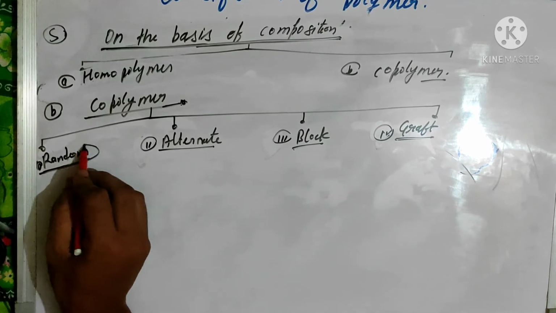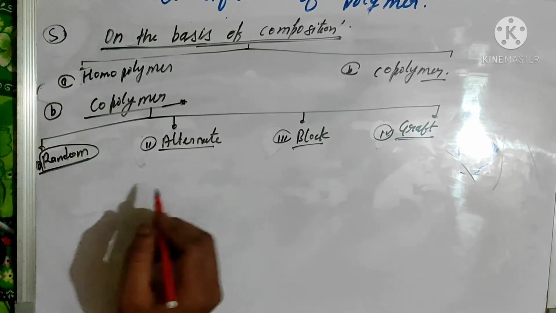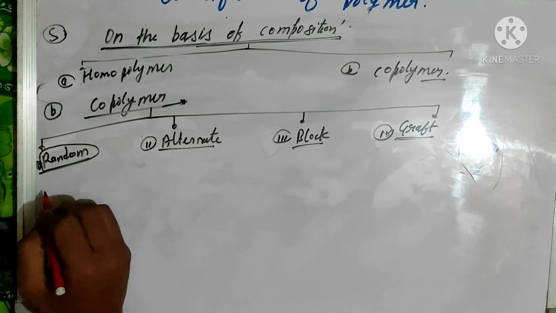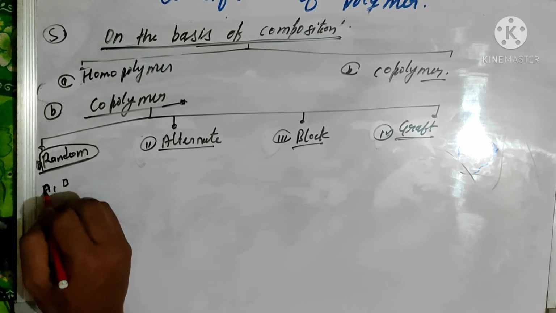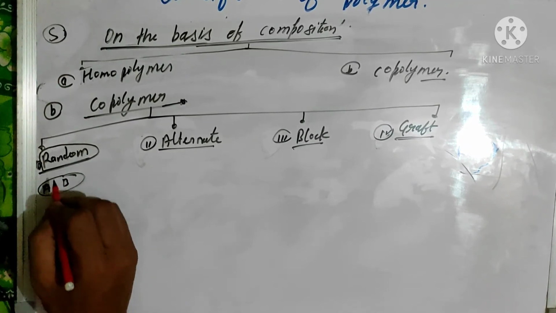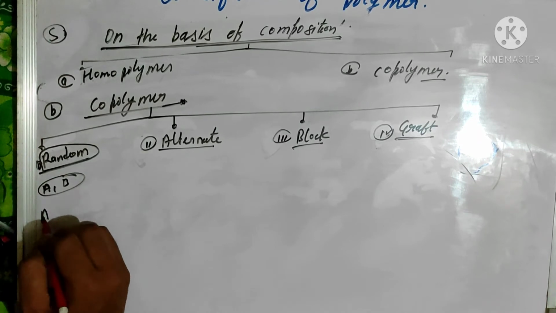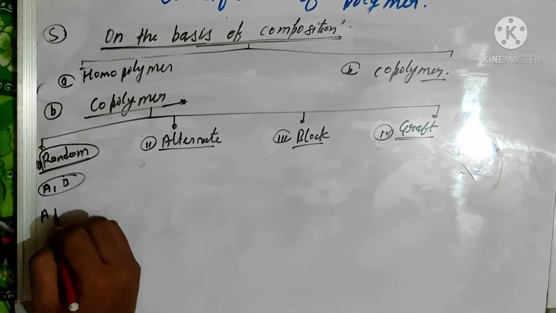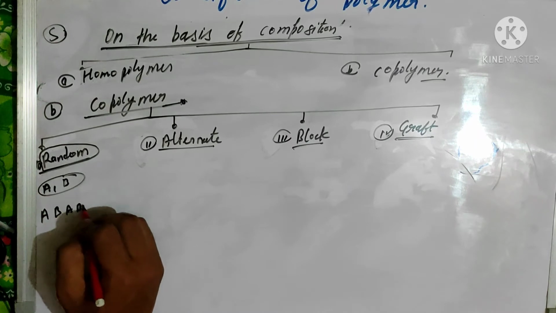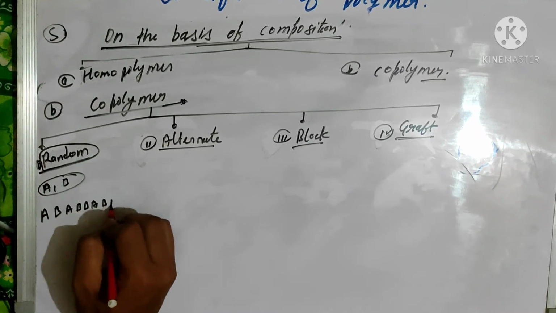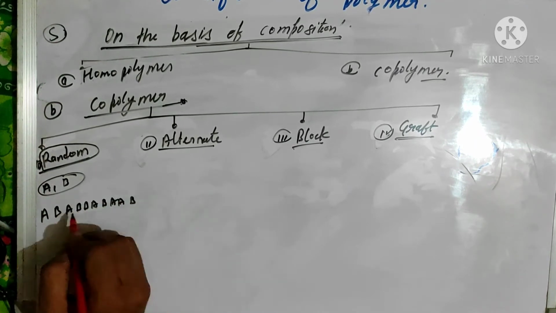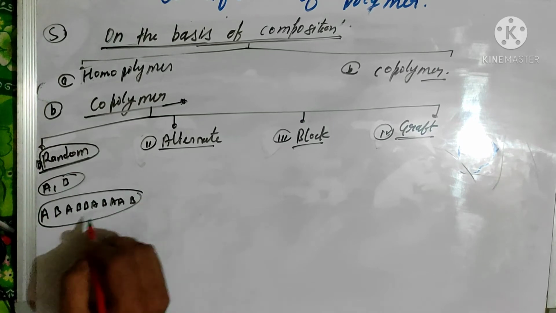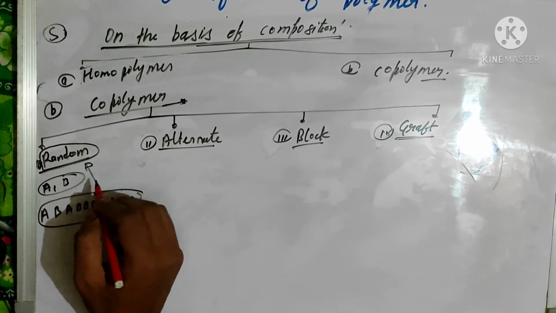In the random copolymer, the monomers are arranged in a random pattern. Let A and B be the monomers of the copolymer. In the random case, they arrange in a random pattern: A, B, A, B, B, A, B, A, A, B. You can see there is no exact pattern, so this comes under the random copolymer.